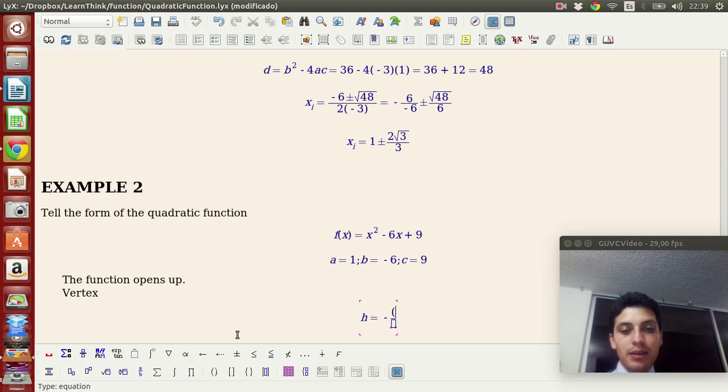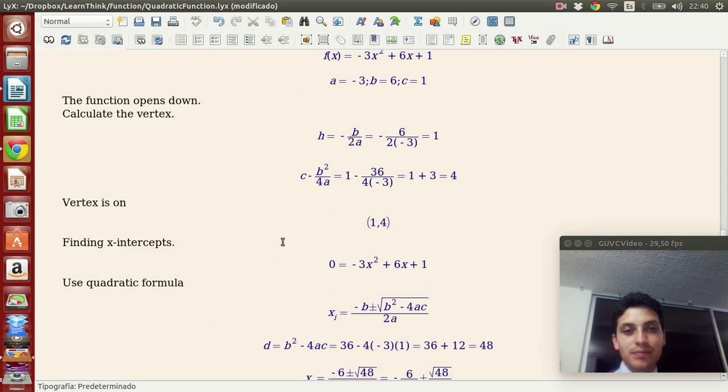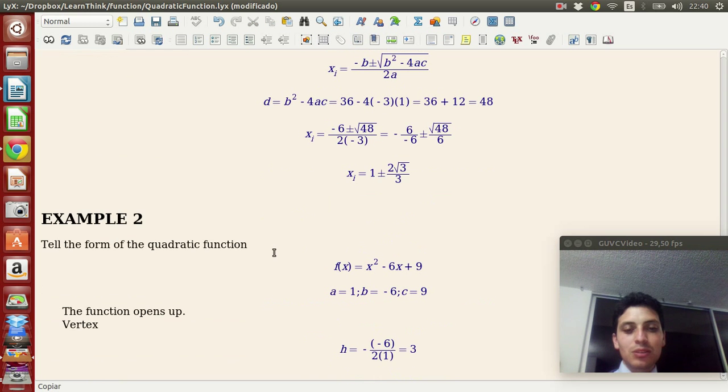So b is -6 divided by 2a, 2 times 1. Okay, so h is 3. And the other coordinate of the vertex is z minus b squared divided by 4a.